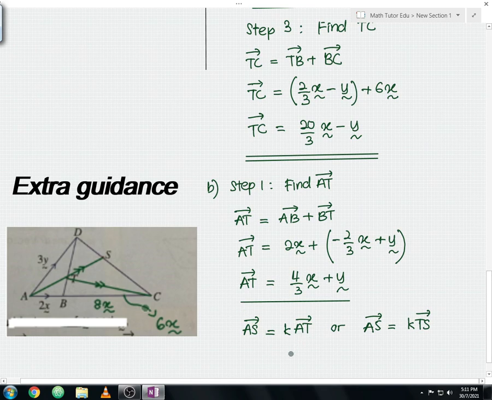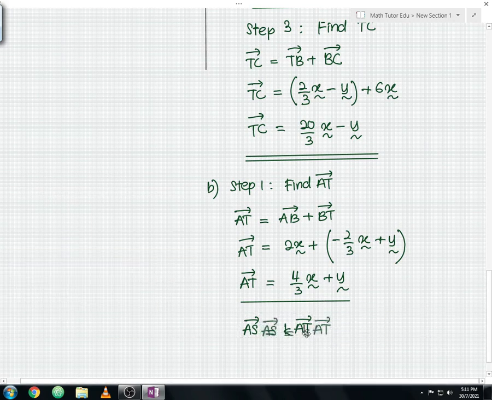Then you can ask me, so why don't we find the vector TS? It is up to you. You can find vector TS and then form the relationship, and from here you check whether the 3 points A, T, S are collinear or not. By the way, I'm just showing this for your explanation, guys. Let me remove this. Now you're only going to focus on this relationship.